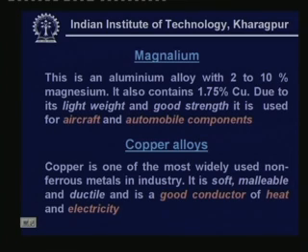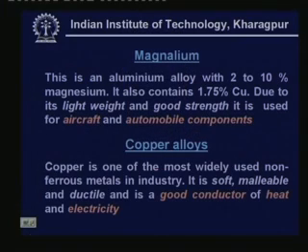So, again you can see that magnesium is also used for aircraft components, because of its lightweight and good strength. Aluminium alloys in general have good strength and light weight, so they offer very attractive materials for machine element design.